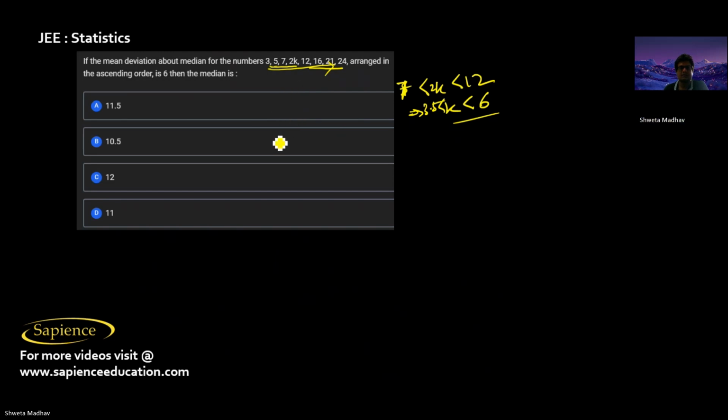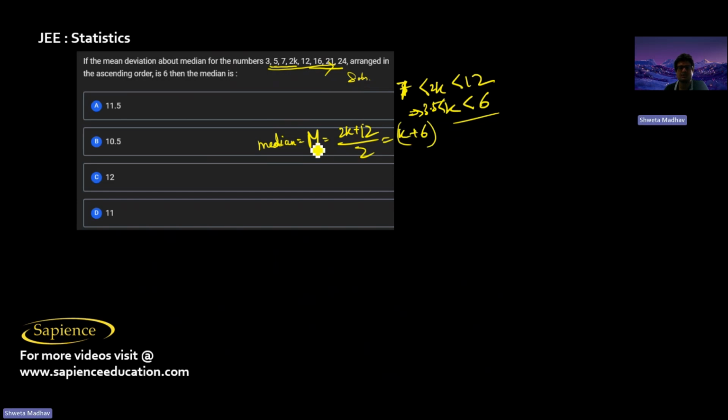Therefore the median, that is capital M, since there are an even number of observations, there are 8 observations, will be the mean of the fourth observation and the fifth observation. The fourth observation is 2k and the fifth observation is 12, so that by 2 is k plus 6.